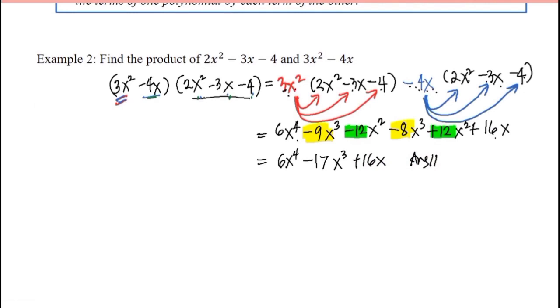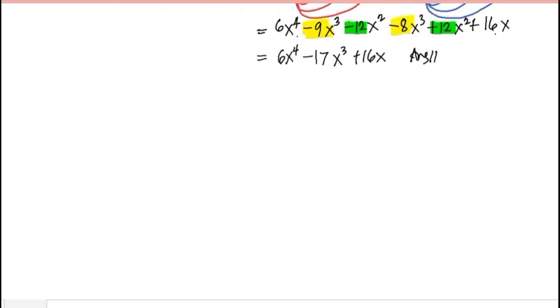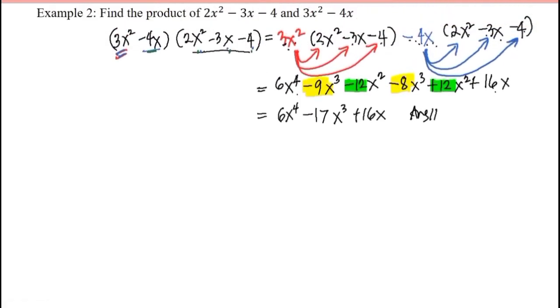So, what if we are going to do the other way around? Instead of distributing this binomial to this term, we are going to distribute this trinomial here.